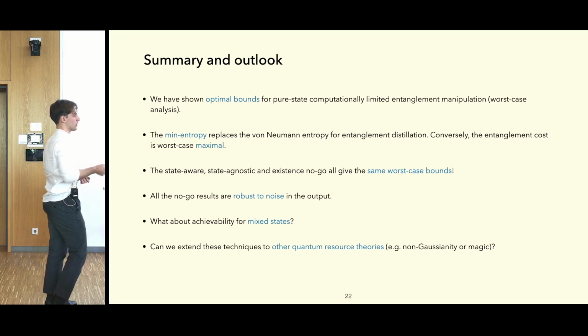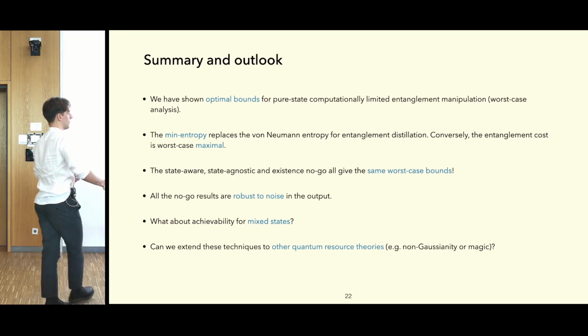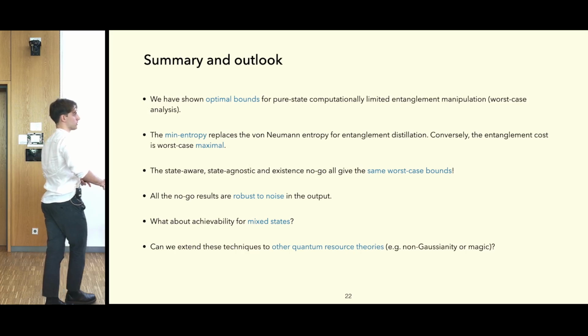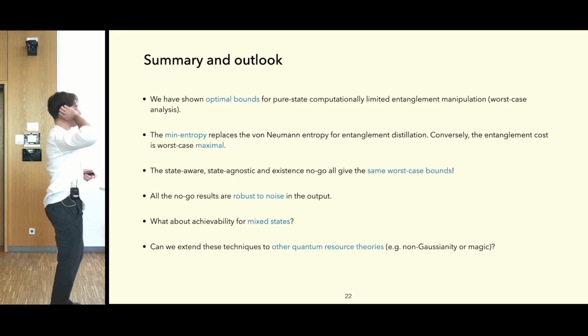Also the state representation will not hold for mixed states. So I think it's an interesting question. But we do have results if the state is almost pure IID. This protocol is robust to that, so you can apply this protocol, but we still don't have results for mixed states.